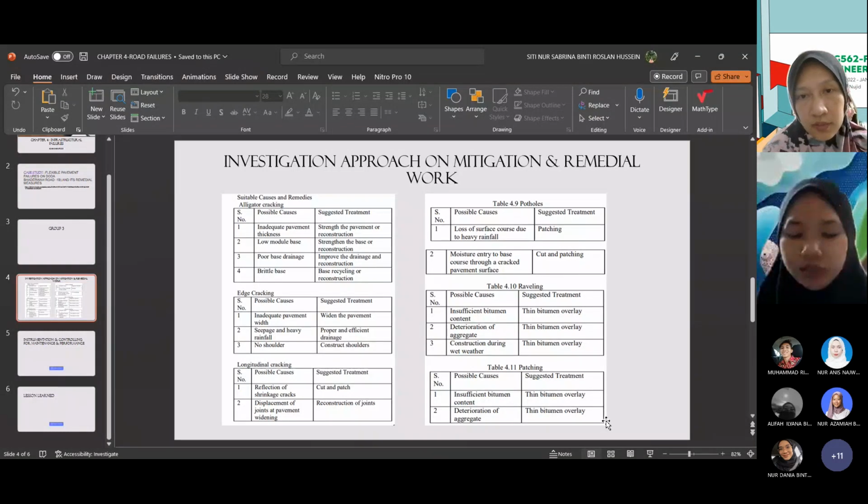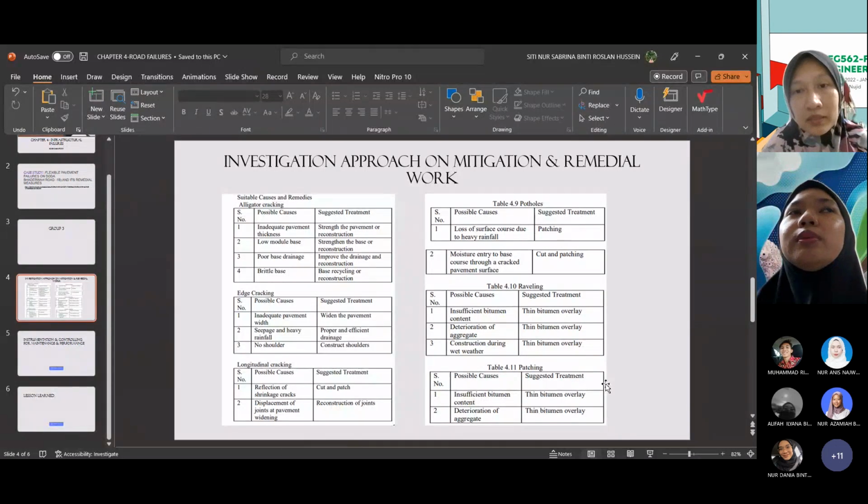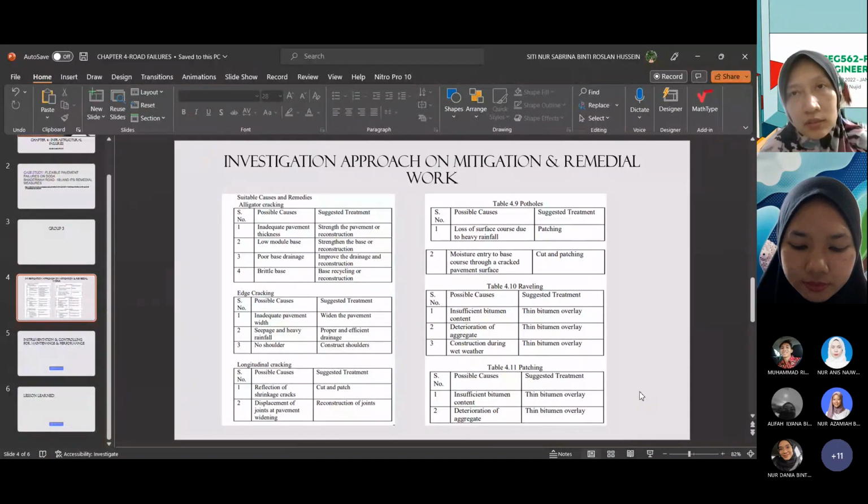jalan raya tu. Reconstruct tu maksud awak tu macam mana? Berapa kedalaman? Berapa kedalaman surface yang kita kena buang, kita nak tampas semula tu, berapa thickness dia? Reconstruct for the whole length of the road section ataupun macam mana tu?